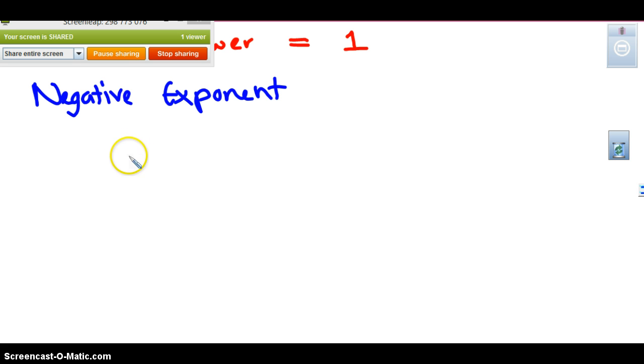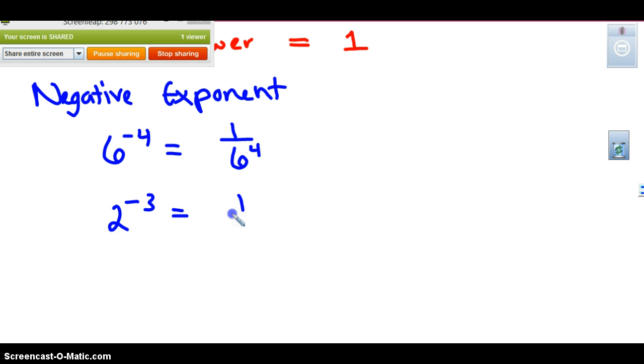So let's say we have 6 to the negative 4th power. That would equal 1 over 6 to the 4th power. I'll tell you why right now. Let's say we have 2 to the negative 3rd power. That means 1 over 2 cubed.